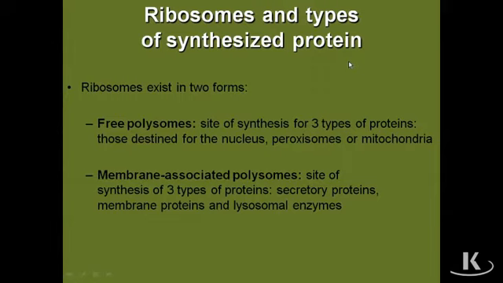The proteins produced by free polysomes all stay within the cell, unlike some of those produced by the membrane-associated ones. And there are three different proteins produced by these unbound polysomes. They are those that are to be incorporated into the nucleus, incorporated into peroxisomes, or are associated with mitochondria.